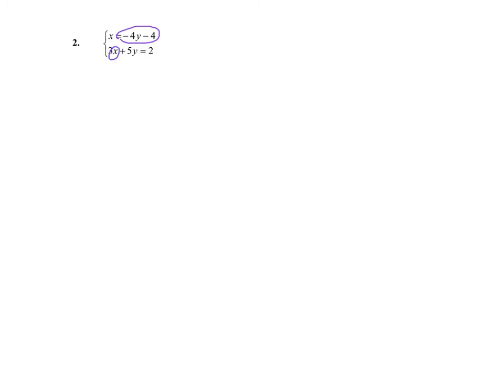So you're going to rewrite your second equation, replacing x with that expression. So 3 times, what does x equal? Negative 4y minus 4, plus, you're going to rewrite the rest of the equation, 5y equals 2.